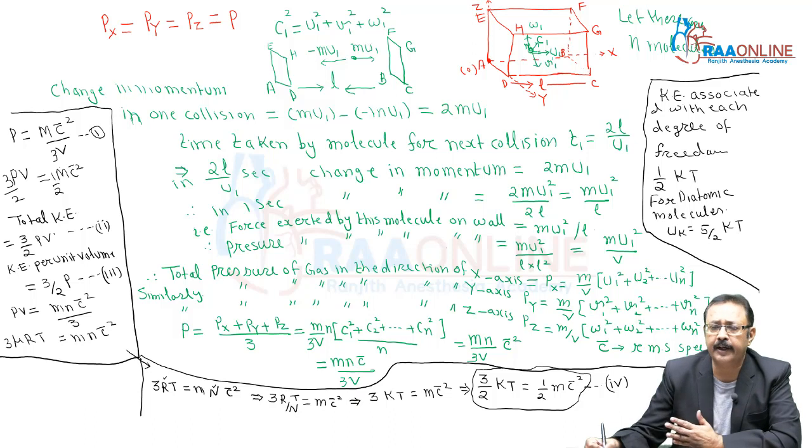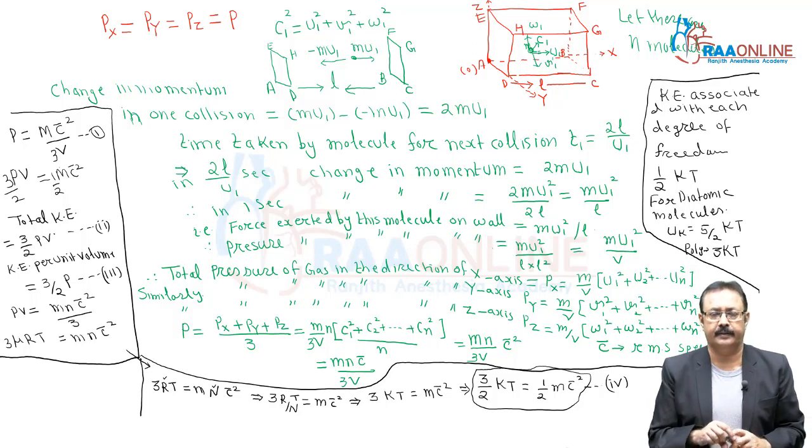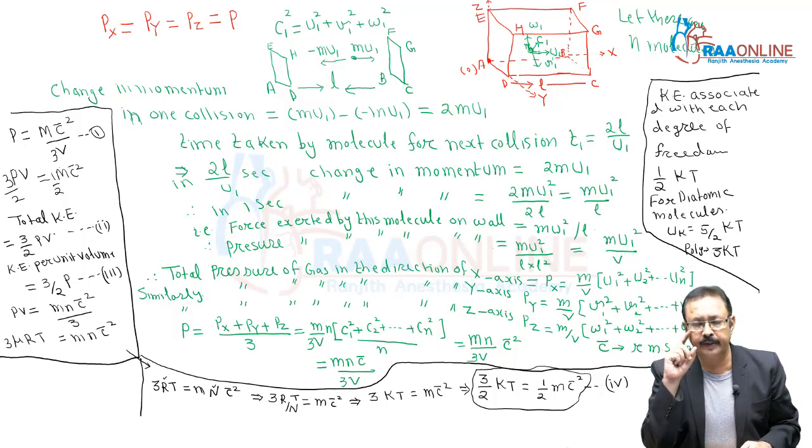And for triatomic or polyatomic molecules they have 6 degrees of freedom, so 6 by 2 means 3kT. So getting my point?